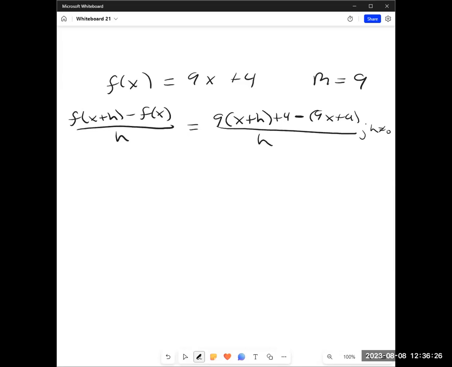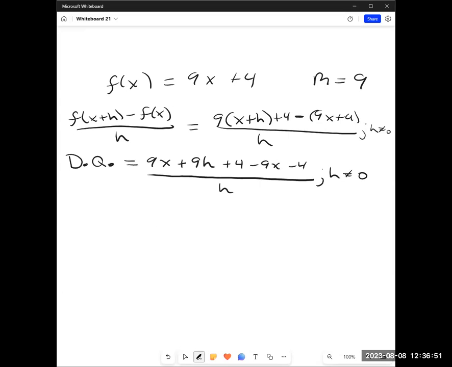So I'm going to take this left-hand side and replace it with the abbreviation dq for difference quotient. That's going to be 9 times x plus 9 times h plus 4 minus 9x minus 4 divided by h. Again, h is not 0.